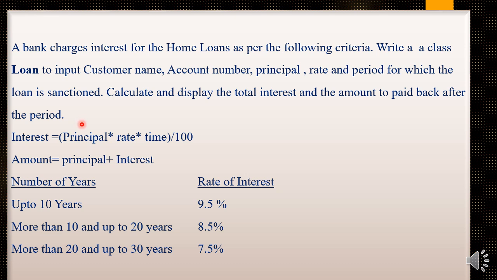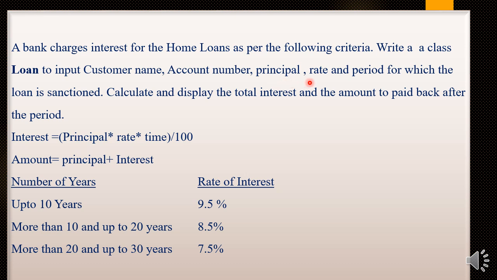Once again, what are the inputs in this program? The input data in this program are name of the customer, account number of the customer, principal. What do you mean by principal? Principal means the amount of which the loan is sanctioned, the loan amount, that is called principal.